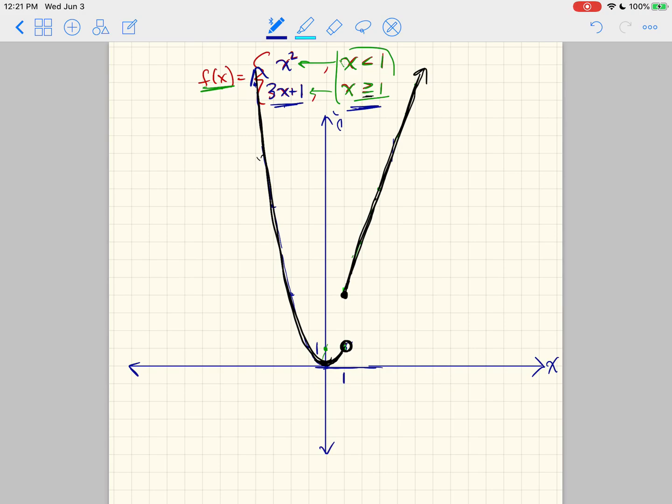And now this passes the vertical line test. If we drag a vertical line across this graph, there is no point where it's hitting 2 points at the same time. Even here I have an open circle and a closed circle. So the point is really just right here. This is empty space, so it is not violating the vertical line test.